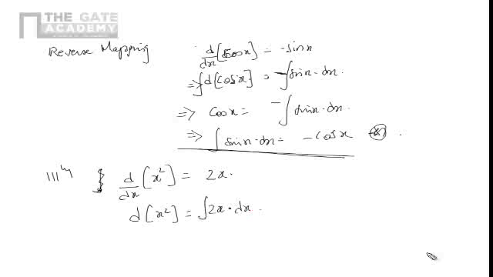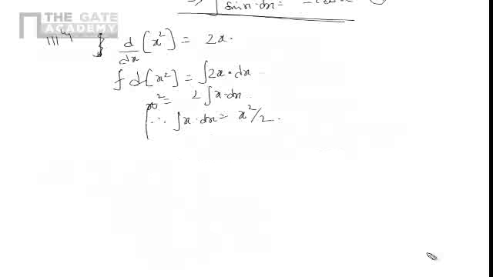If I integrate both sides, the d and the integral get cancelled. x square is equal to integral of 2x dx, therefore integral x dx is nothing but x square by 2. It's an important result.